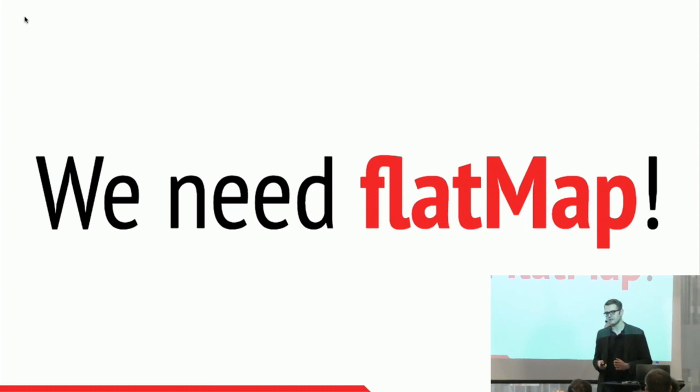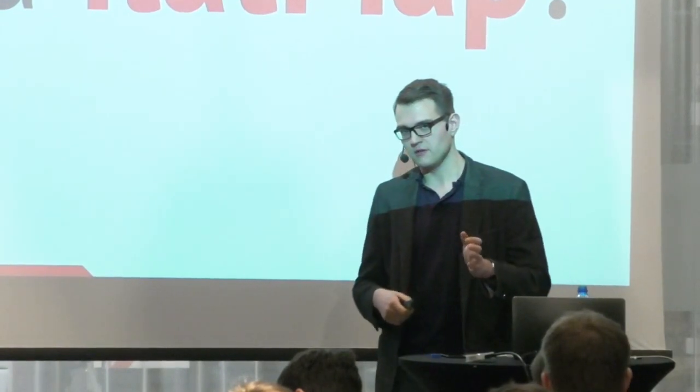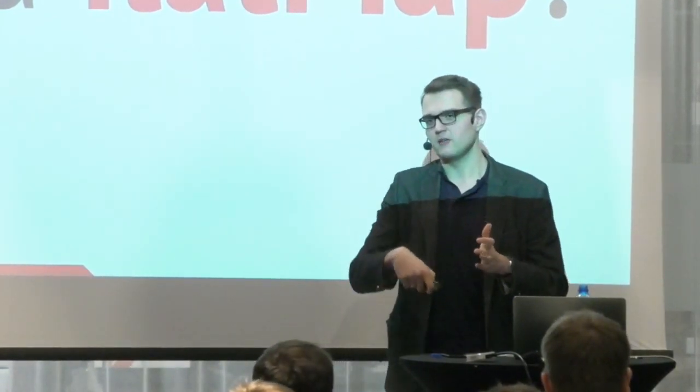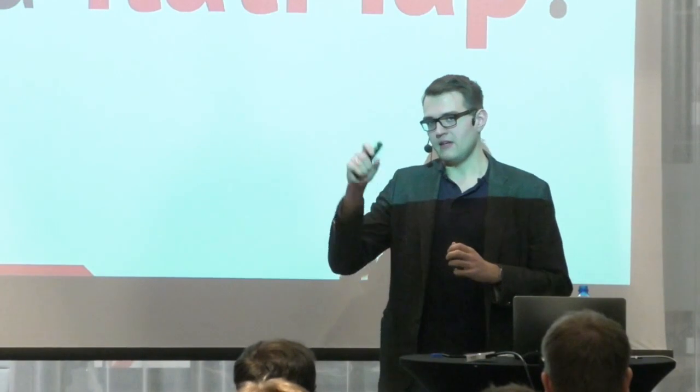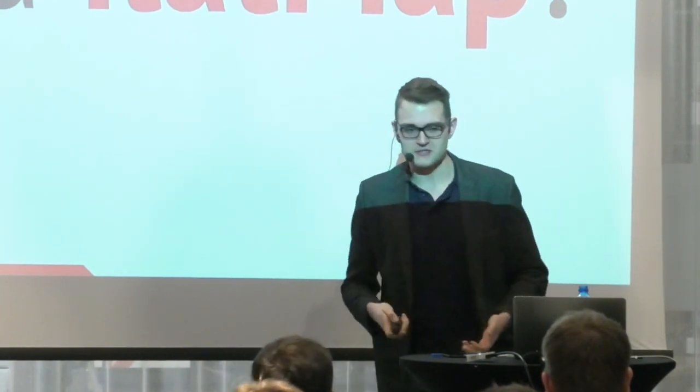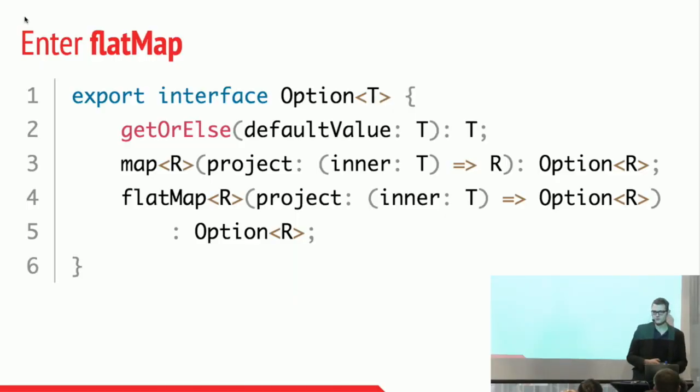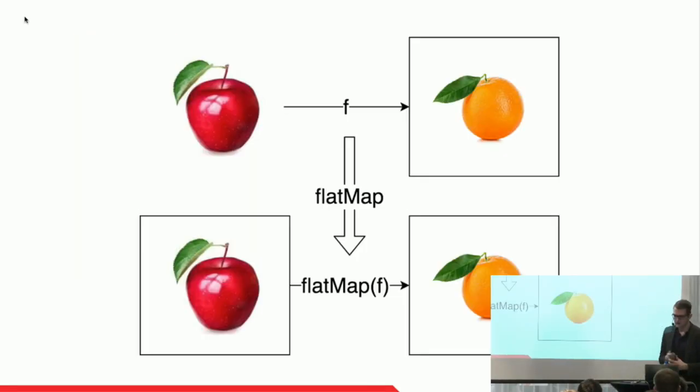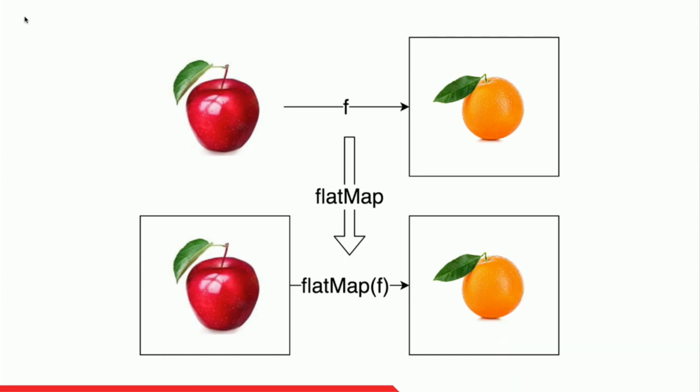So that's why we need flatMap. What flatMap does, it takes a function, just like map, applies it on the nested value inside Option, and if we get an Option of Option, it flattens it to a single Option. So we extend our Option interface to have flatMap, and the apple-oranges metaphor would be that now we have a function that can change an apple to an orange in a box, but we just have an apple in a box.